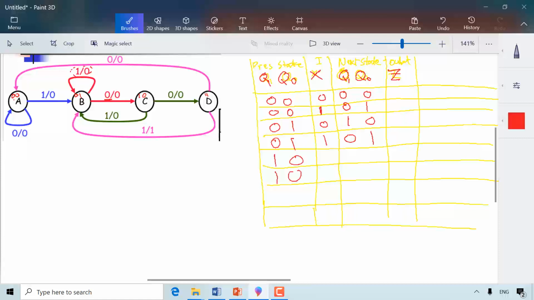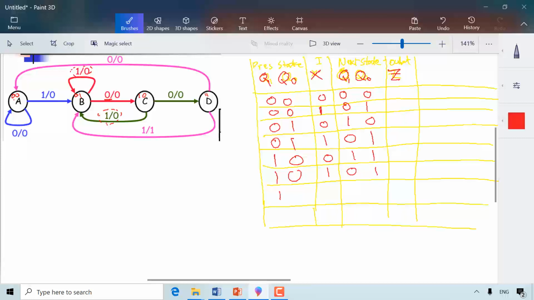It depends on the input. If I receive a 0, I go to D, which is 1 1. If I receive a 1, I go to state B, which is 0 1.